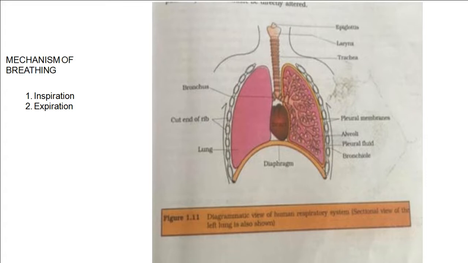Here you can see the diagram of the lungs, the human respiratory system, which helps in the mechanism of breathing. Breathing involves inspiration and expiration.